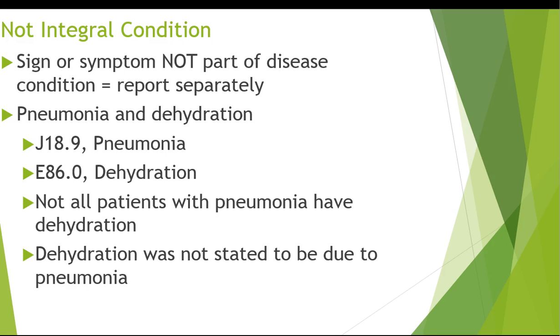You would report both conditions, and that's because dehydration is not stated as being due to the pneumonia, and certainly not all patients that get pneumonia become dehydrated. So in this instance, you would code both pneumonia and dehydration.